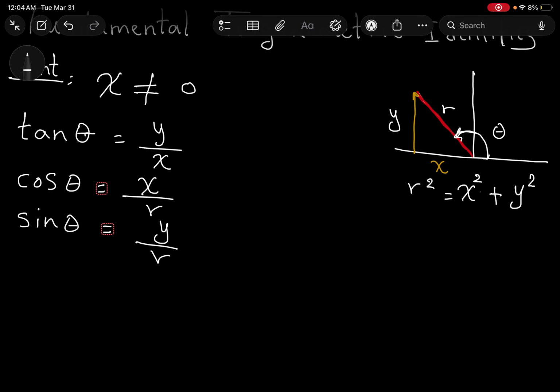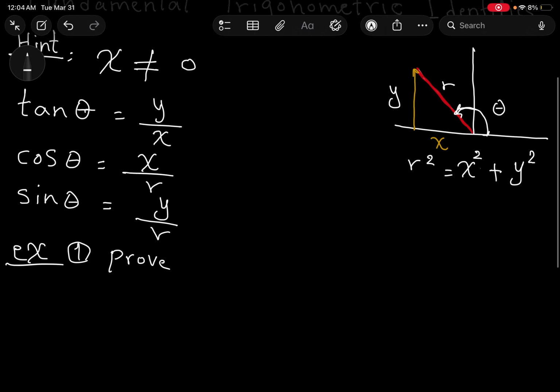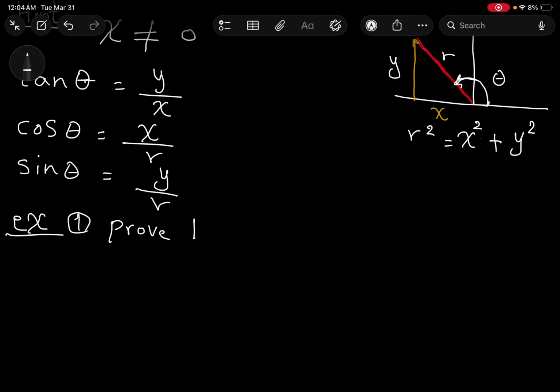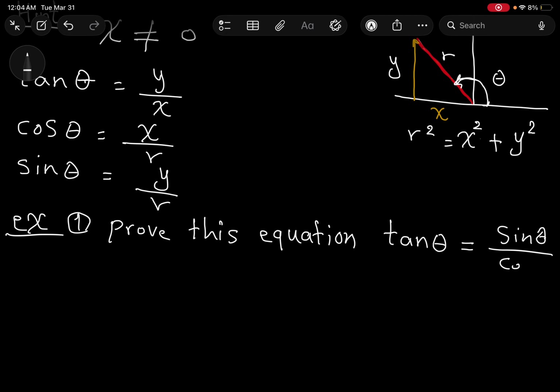So we have an example. In the book, page 157, example number 1: prove the equation tan theta equals sine theta over cosine theta.